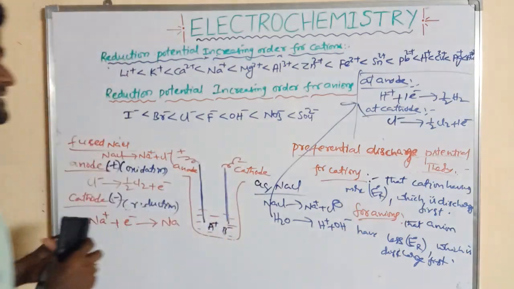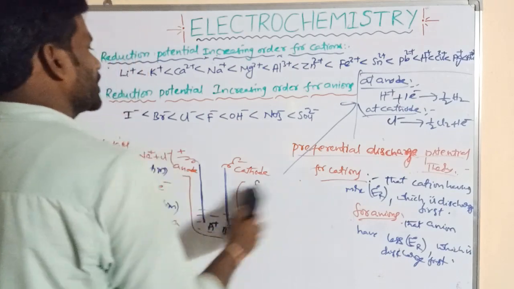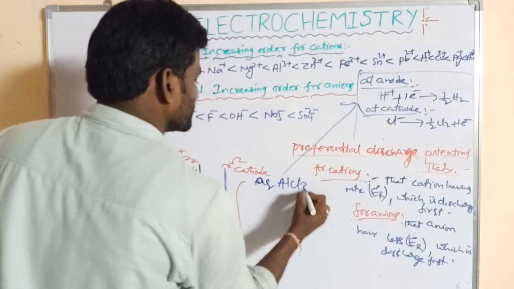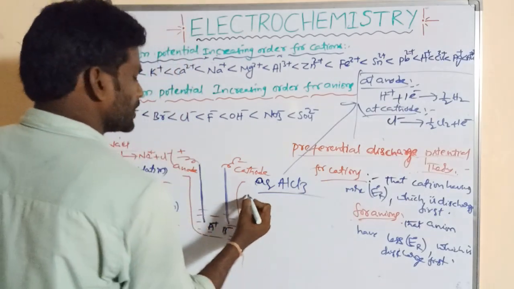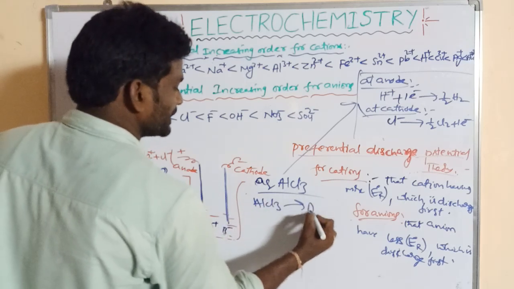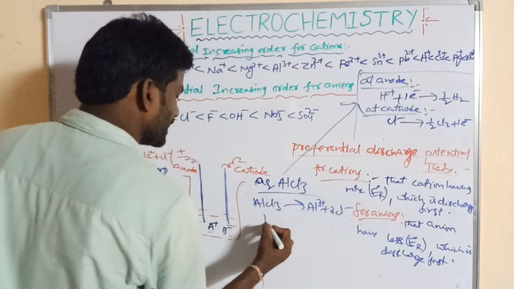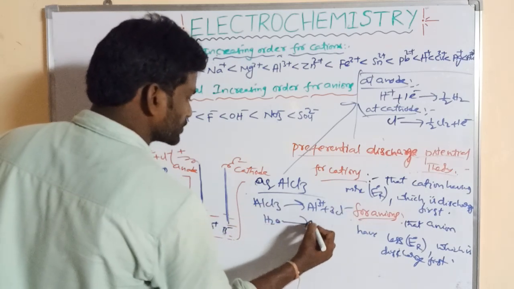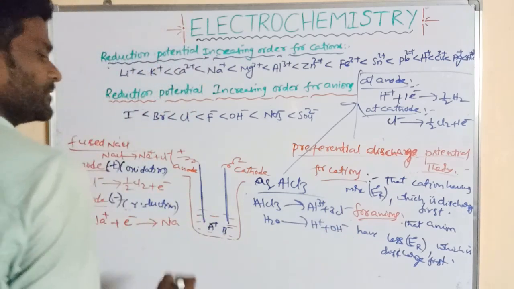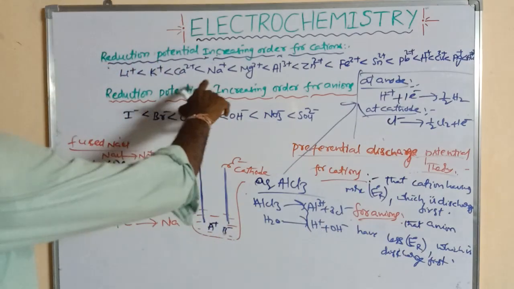In electrolysis, if we take another example, aqueous AlCl3, AlCl3 is ionized to Al3 plus and 3Cl minus, and water gives rise to H plus and OH minus. Here two cations are there, Al3 plus and H plus.